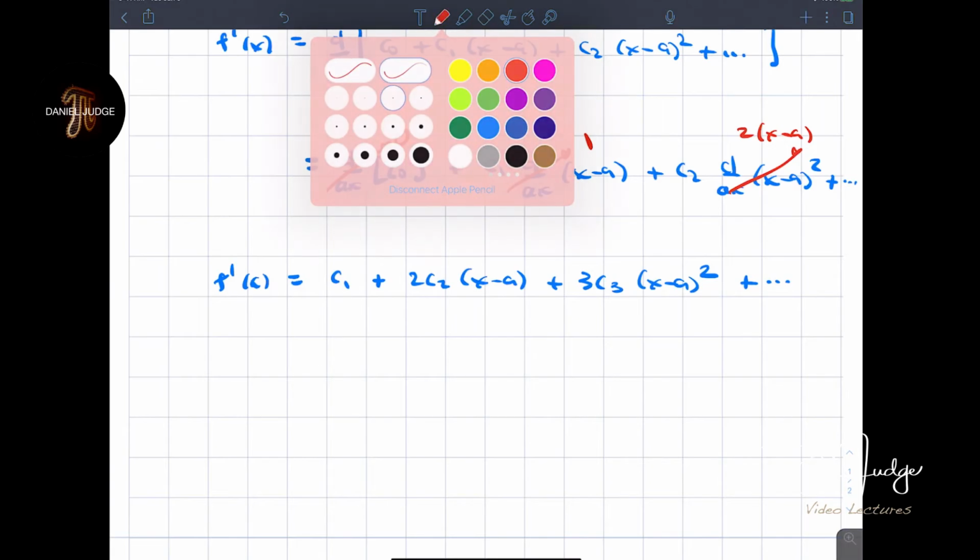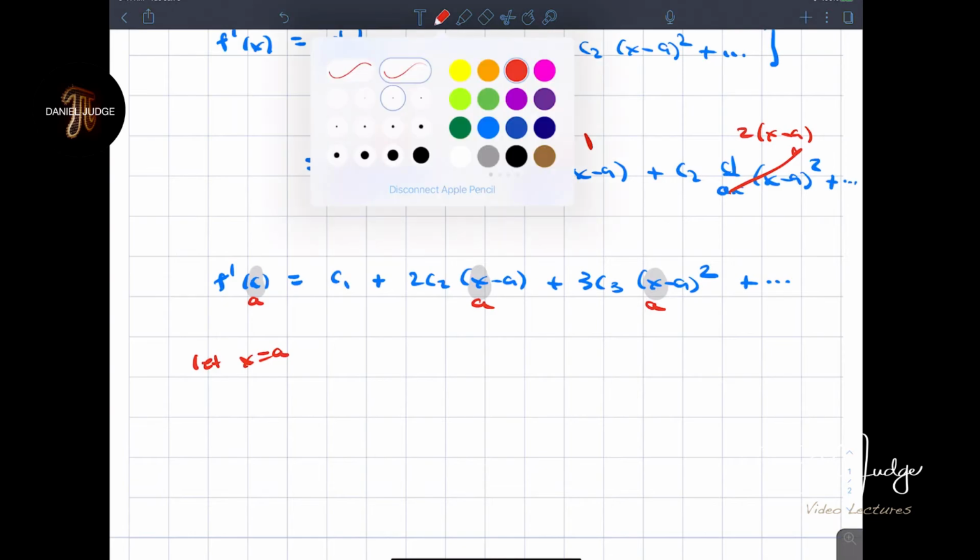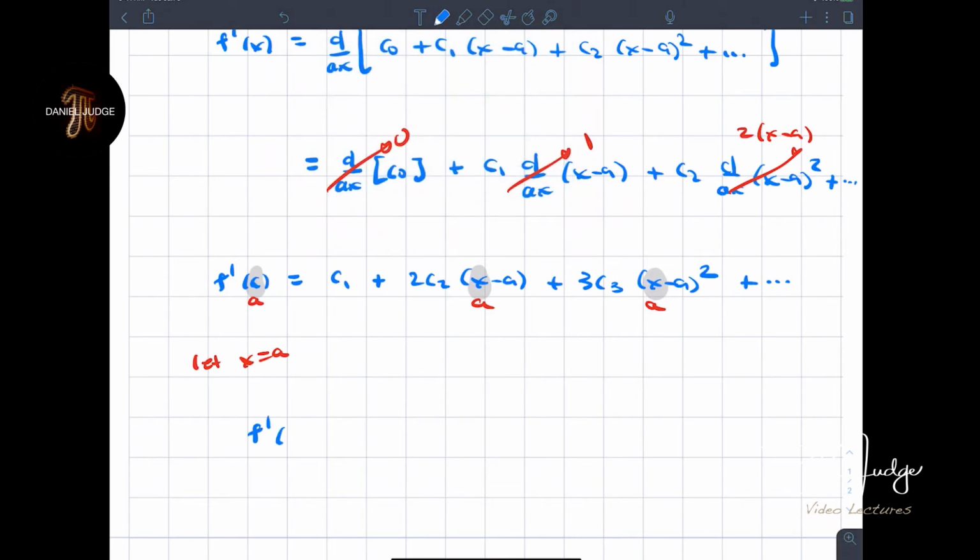So we're going to do the same thing we did before now. We're going to say let x be the value a. So wherever there's an x, we're going to plug in a here. So you say here's an a, here's an a, and here's an a, and we end up getting f prime a going to be c1.